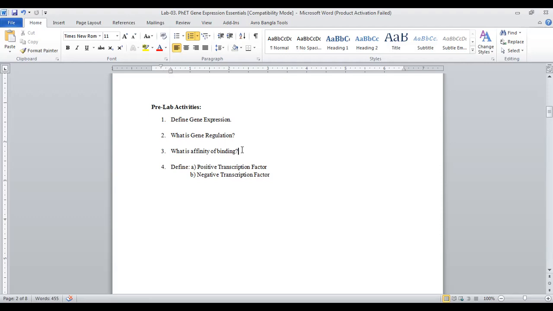For example, mRNA. In case of translation as well, different factors need to be bound with the translation apparatus, for example ribosome, mRNA, etc. So this affinity of binding determines the rate of transcription and translation in cells.